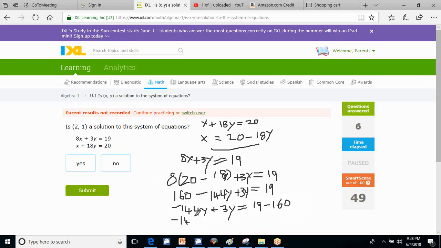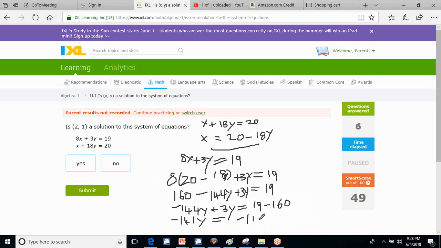Yes. Minus 141y, and that's equal to 19 minus 160. That's equal to minus 141, right?